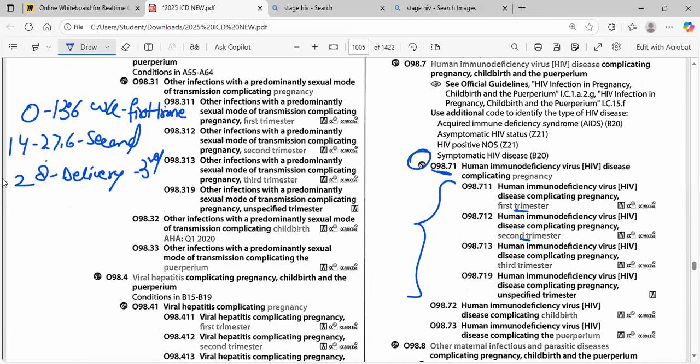If the patient is 14 to 27.6 weeks pregnant, you use the second trimester. And if the week of gestation is 28 to delivery, you use the third trimester.